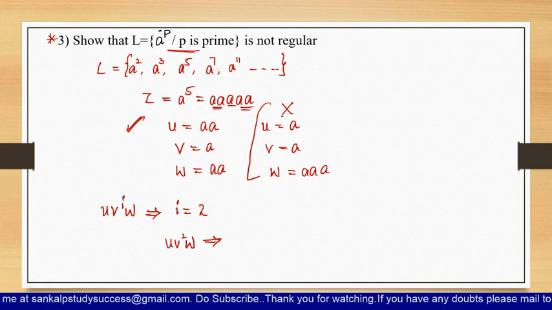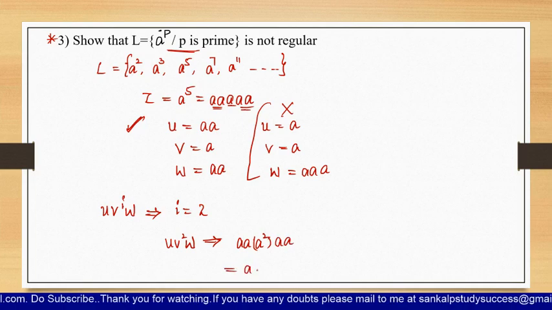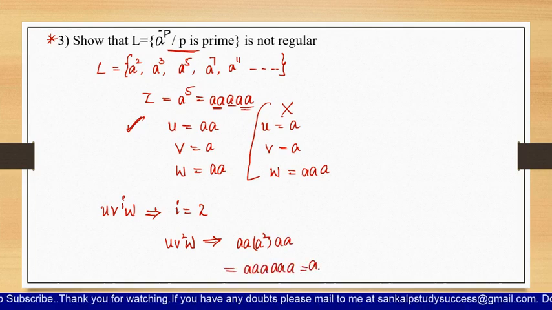Now, if we substitute all these values in uv squared w, u is nothing but a, v is a squared, because we are just squaring this value, and then w is double a. It becomes a, a squared, and double a, which is nothing but a to the power of 6.